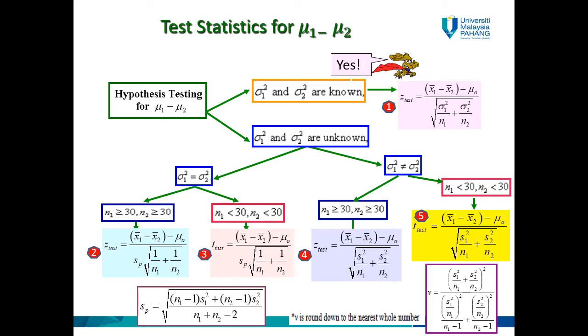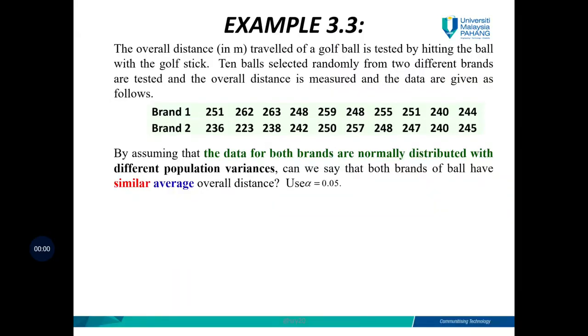There are 5 formulas of test statistic for mu1 minus mu2, as you can see on this slide. The procedure to choose the right formula is the same as given in chapter 2 under the same parameter, that is mu1 minus mu2. So now we go to example 3.3.